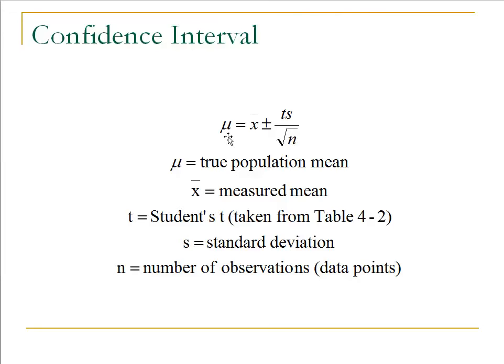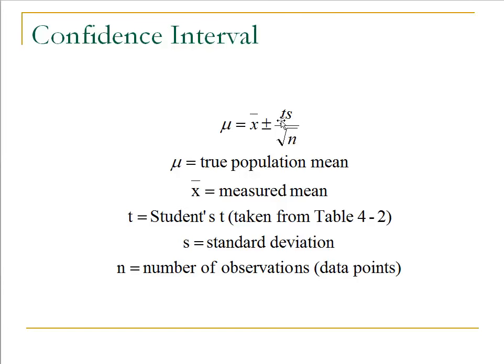So this is the mu symbol. The mu symbol represents the true mean. What is the true mean? And I calculate the true mean by taking my average that I have calculated based on my data set, x bar, plus or minus, this is where the confidence interval comes in.